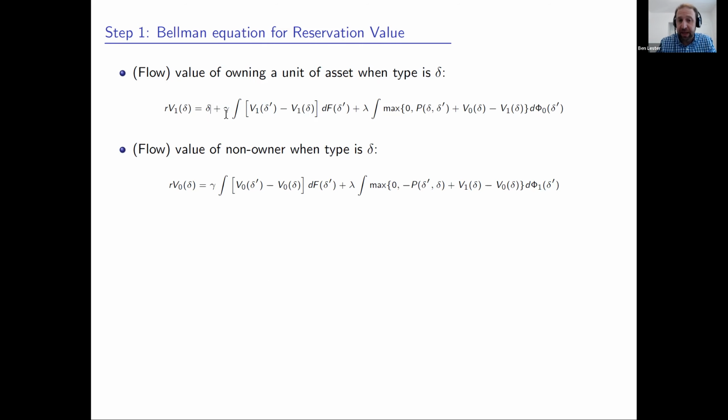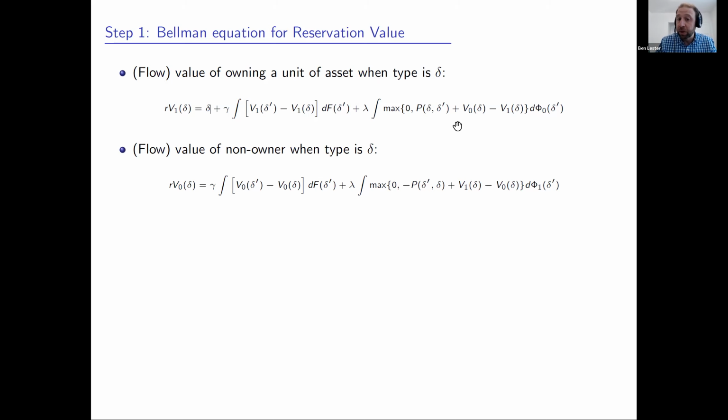Again, I have these as IID shocks right now, so your new type delta prime will be a random draw from this distribution f of delta. And then a trading opportunity might arrive at rate lambda, and you will trade if and only if there are gains from trade. So either you won't trade, right? So there's zero there.